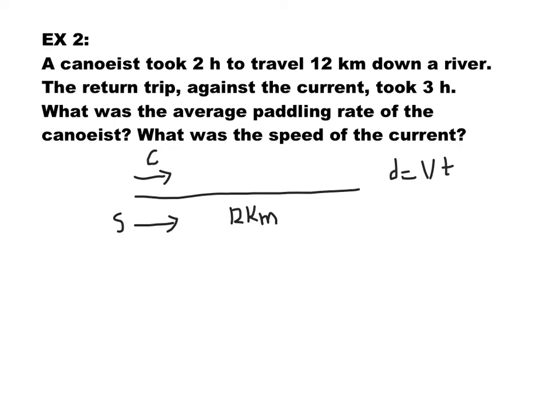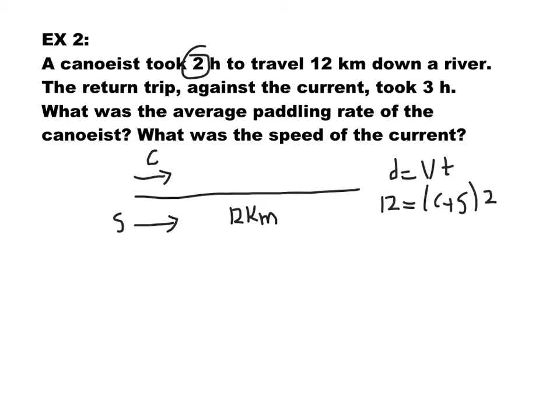The distance here is 12 kilometers, so 12 is equal to the velocity, because the river and the canoeist are going in the same direction, it is going to be the addition of these two. So it's going to be C plus S, and the time that it takes, because the first part is 2 hours, so it's 2.